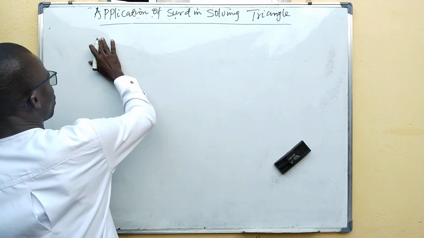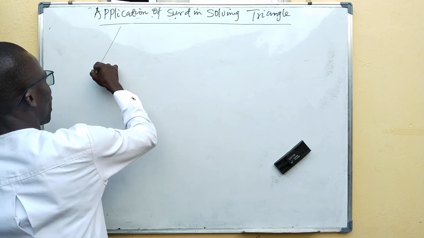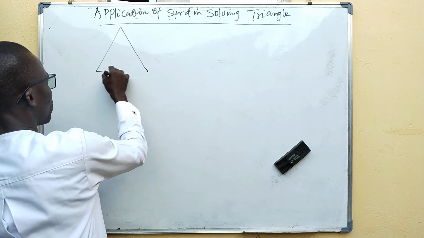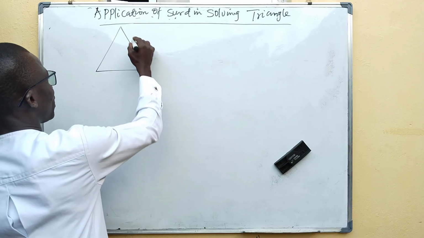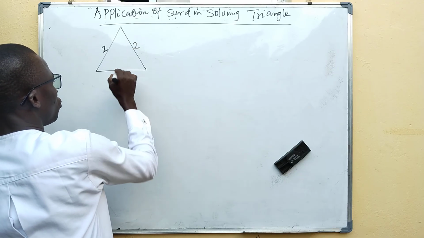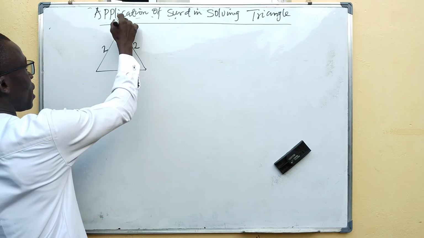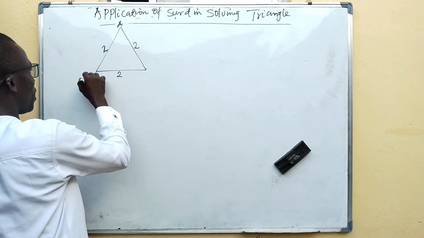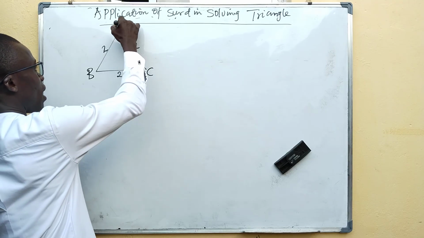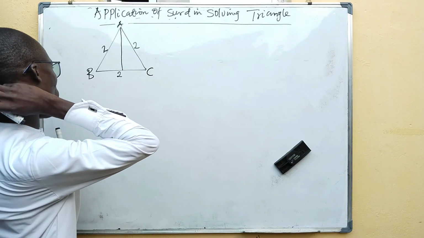Now, having said that, let's say you are using an equilateral triangle. You know that in an equilateral triangle, the three sides are equal. We can call them 2, right? Now, let me have A, B, and C. Let me have a line dividing it into two equal parts.